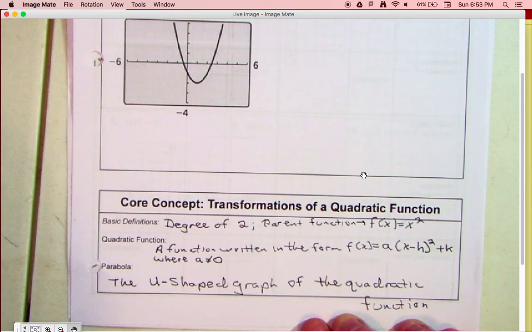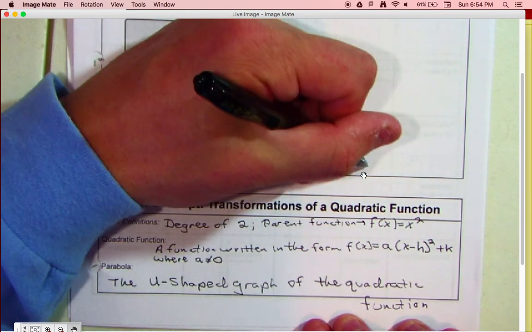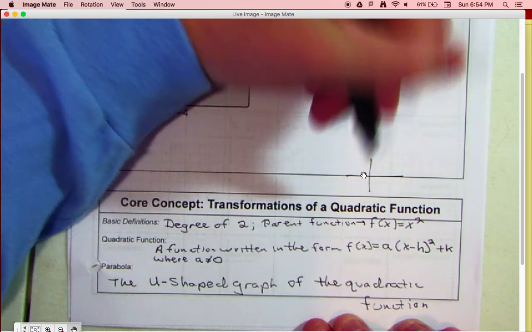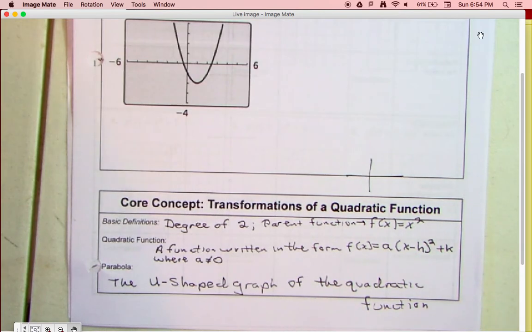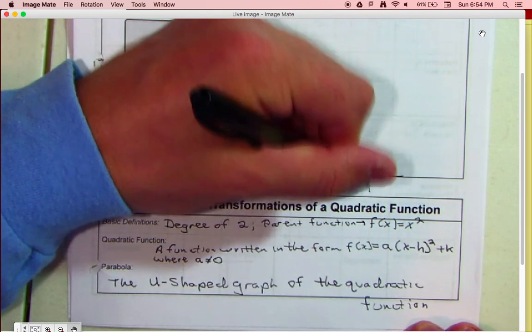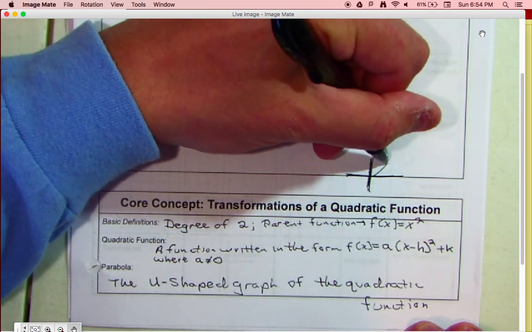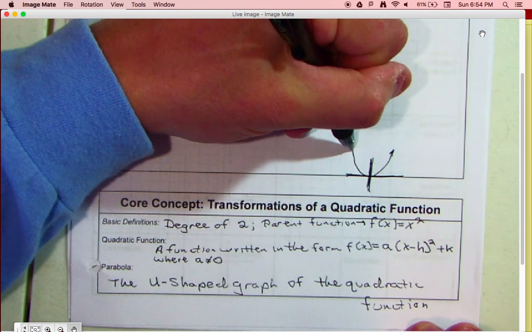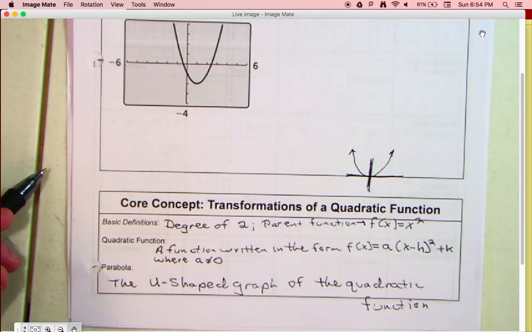And typically, if you think to your parent function, if this is my x-axis and this is my y-axis, the graph is centered on the origin. The origin is the lowest point, and it makes that U shape. And you can see obviously this one is going to be one that's translated that we'll deal with later.